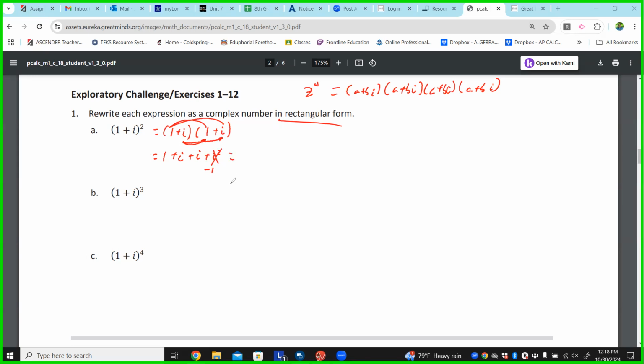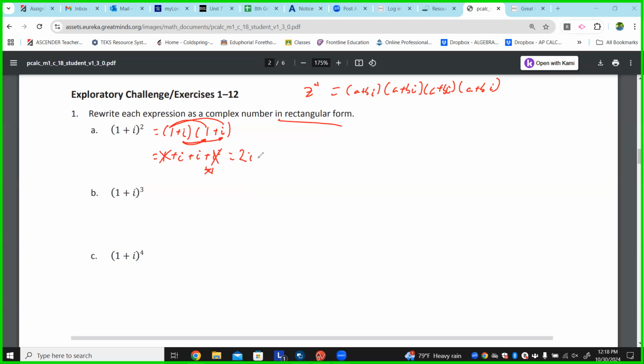So when I work this out, what's going to happen to the 1s? They turn into a 0. Very good. So they cancel each other out. And then i plus i would just give me 2i. Remember, when you are adding or combining like terms, you just add their coefficients. It only becomes a square when we multiply. Right? Any other questions there?